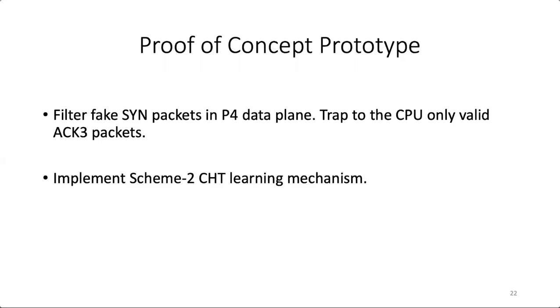In the first pipeline stage, we trigger the CHT to check for a match for the ACK packet, or learn the cookie of a SYN2 packet. In the second pipeline stage, we trap ACK packets to the CPU in case it found a match in the CHT. Trapping this ACK packet to the CPU enables us to check that the validation was done correctly.